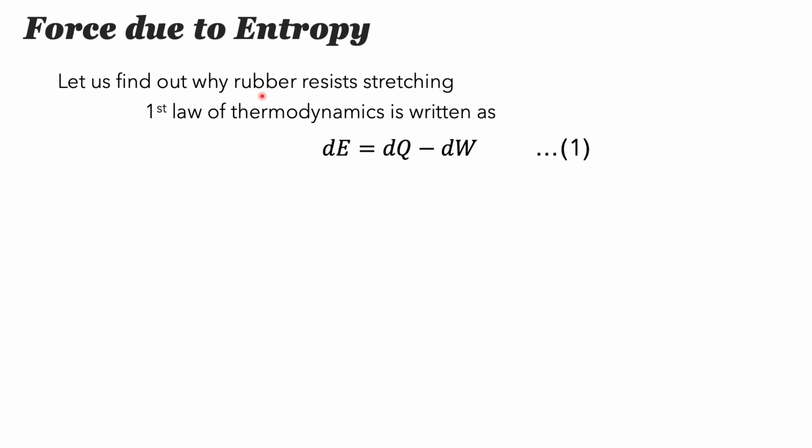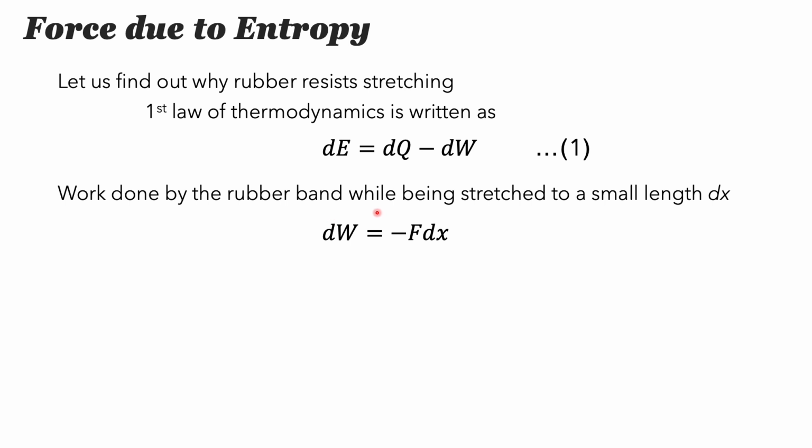According to the first law of thermodynamics, dE, the change in internal energy, is equal to dQ, the heat transferred to or from the system, minus the work done, right. The work done by the rubber band while being stretched by a small length dx can be written like this.